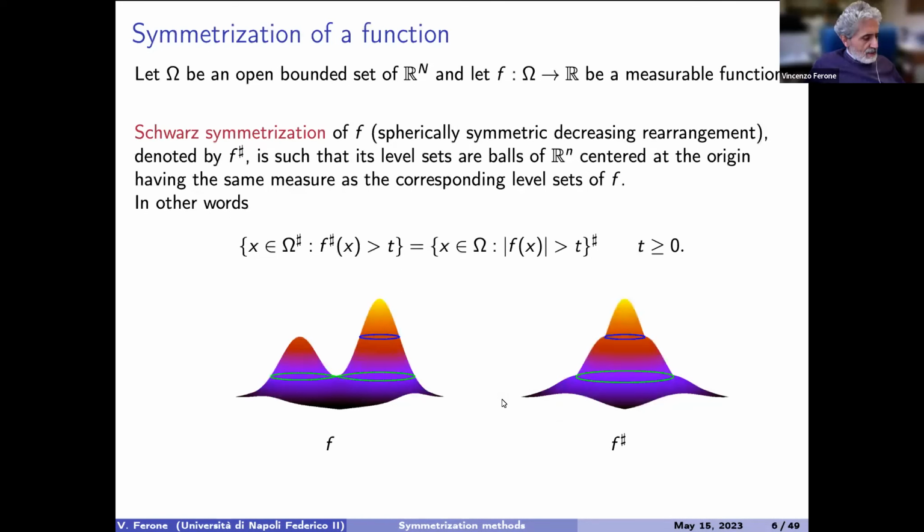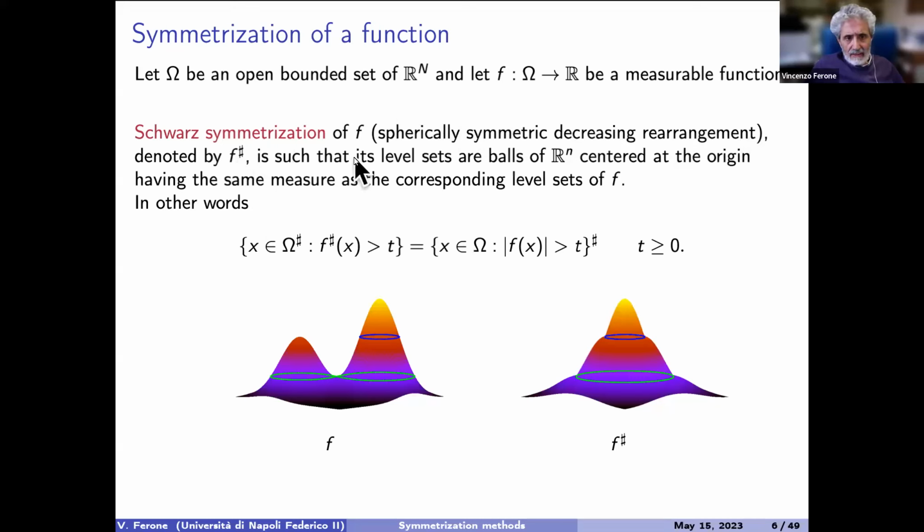So what do I mean by symmetrization of a function? Symmetrization of a function is related to the fact that we symmetrize, in the sense I said before, the level sets or super level sets of the function. So take any measurable function F defined on omega. The Schwarz symmetrization of F, sometimes called the spherically symmetric decreasing rearrangement, I will denote with F sharp.